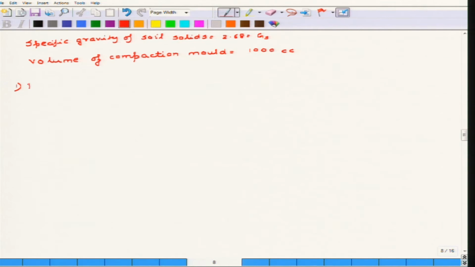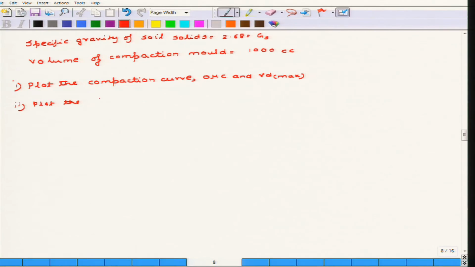The first question is again to plot the compaction curve and find out the OMC and gamma D max, the optimum moisture content and the maximum dry density. In the second part, it is asked to plot the 0%, 5% and 10% air void curves. This is something we have covered in the previous question.